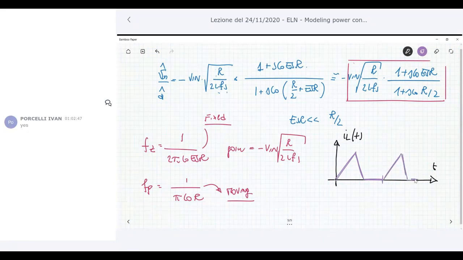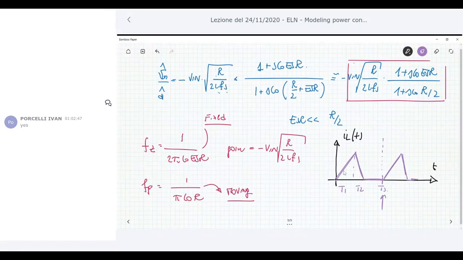Okay, this is DCM, so it means that you have T1, and then you have a time interval T2, and this is TS. Look at what happens in this period TS. All the energy that is stored into the inductor is released by the inductor before the end of TS.